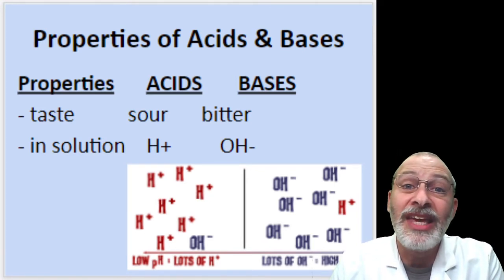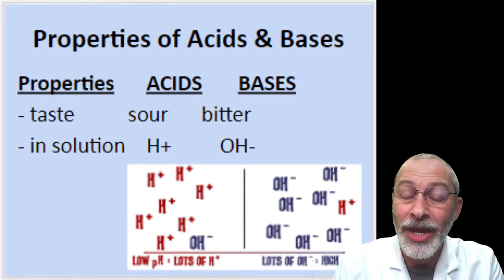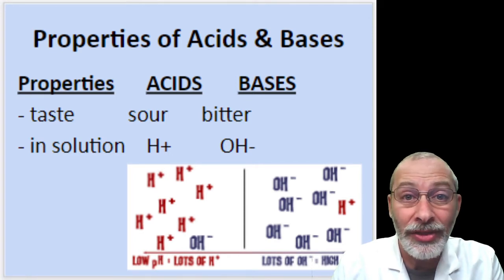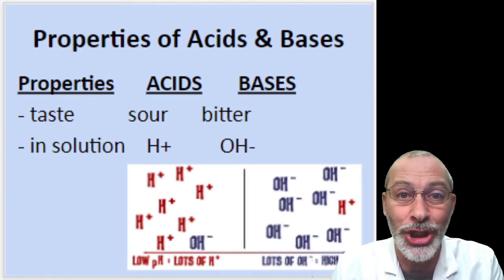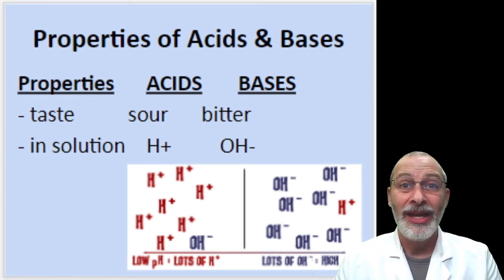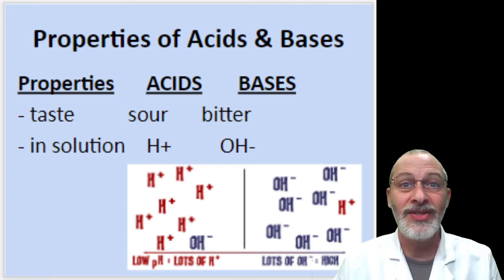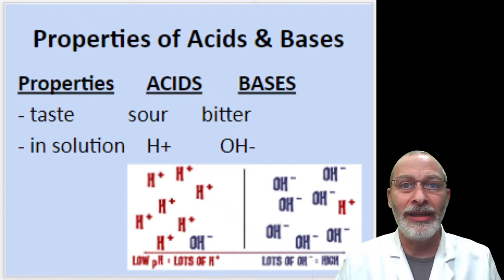Now, I'm going to give you a little preview hint here as well, by the way. If you look at the chemical formulas of acids, by and large, they all begin with the symbol H for hydrogen. Hydrochloric acid, for instance, is HCl. It's got an H in the beginning.